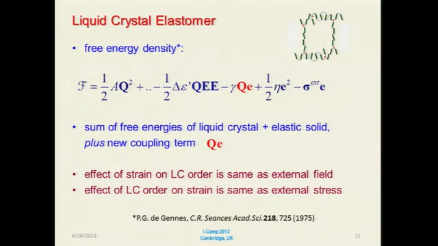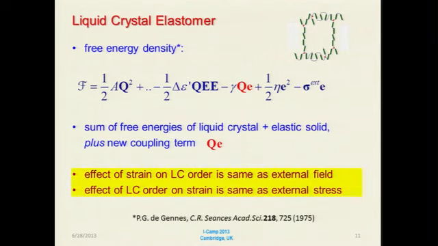So there's this coupling term. And a nice way of thinking about this, I think, is just to note that as far as the liquid crystal is concerned, this new term looks no different than the electric field term. So strain behaves in the same way as the electric field dyad does. And similarly, as far as the elastomer is concerned, Q behaves the same way as an external stress does.